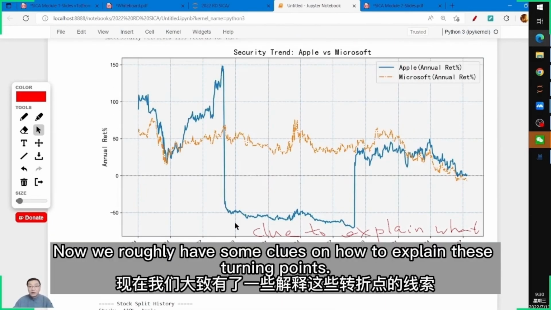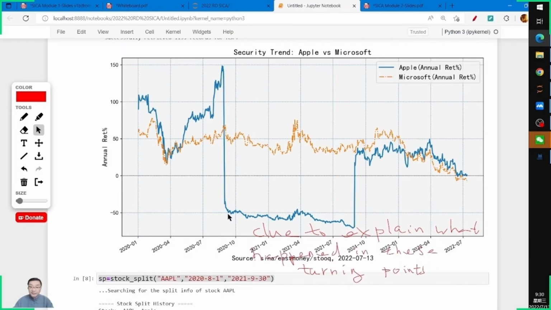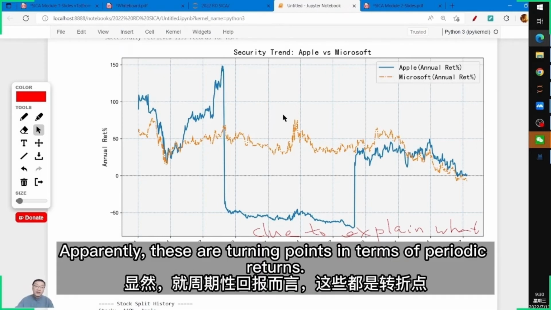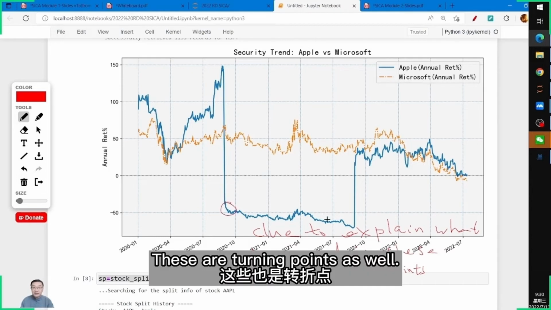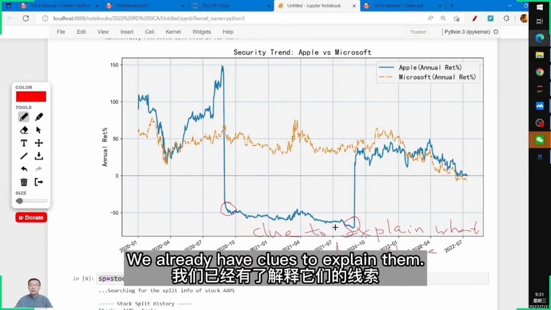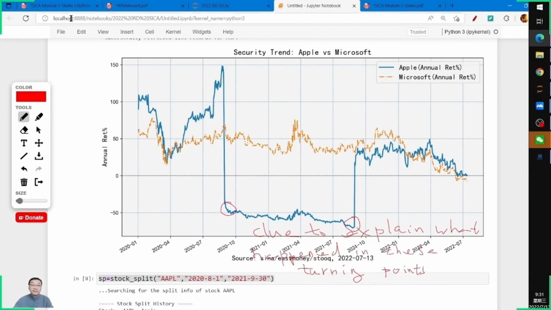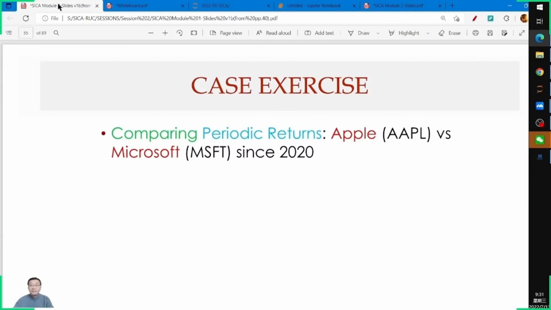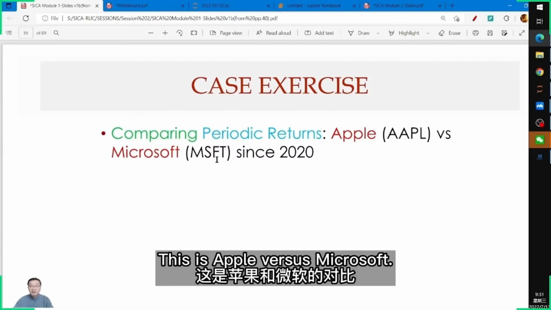Now, we roughly have some clues on how to explain these turning points. Apparently, these are turning points in terms of periodic returns. These are turning points as well. Dramatic, significant turning points. We already have clues to explain them. This is Apple versus Microsoft.